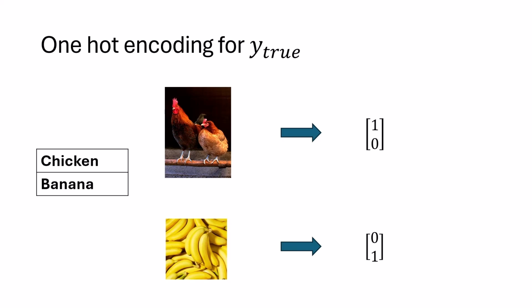So the label for a chicken image is 1, 0. The first corresponds to chicken, the second corresponds to banana. This is flexible. You can increase this to 5 different classes: chicken, banana, dog, cow, etc. And if it is a banana, we only give the 1 to the corresponding class. Everything else is 0. This is the way we encode the truth.